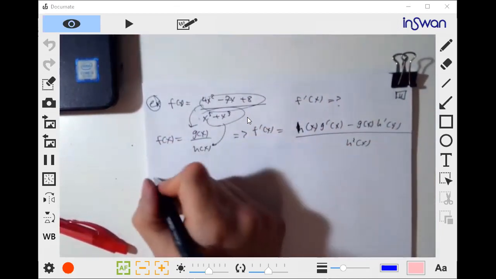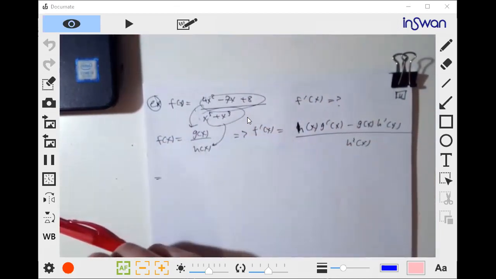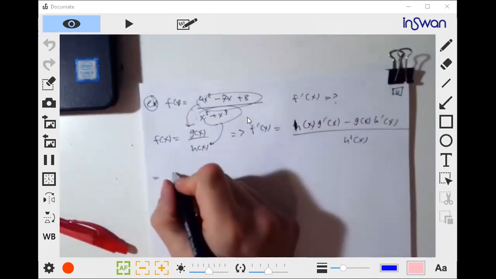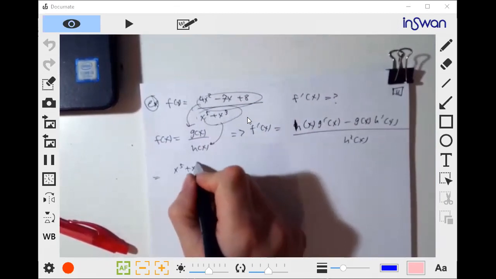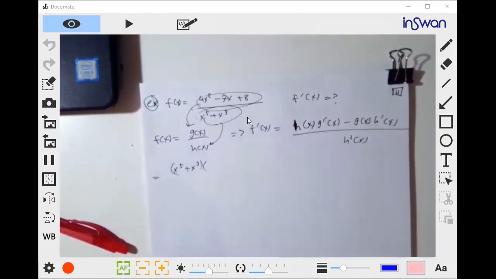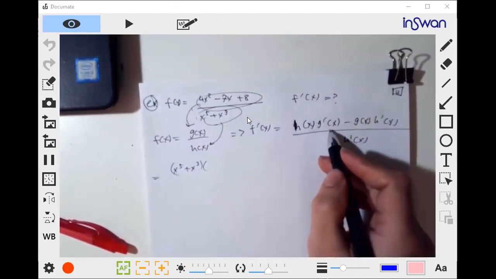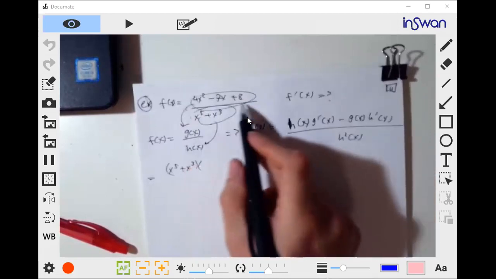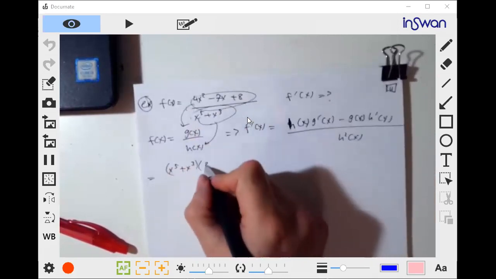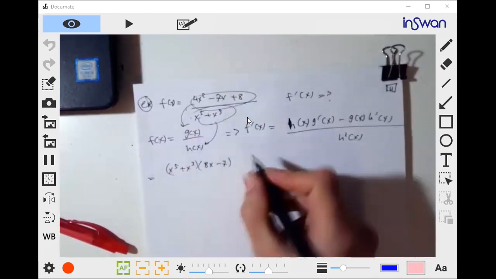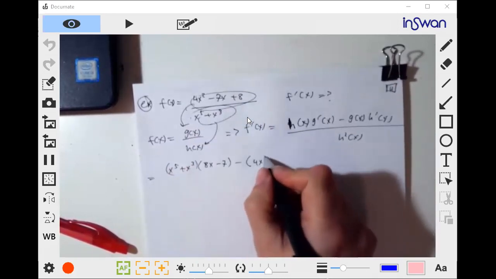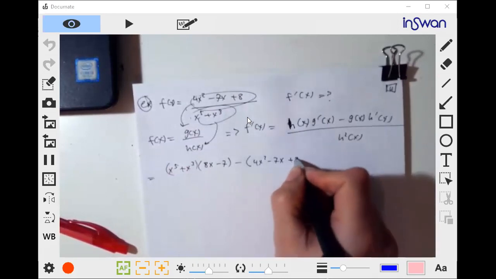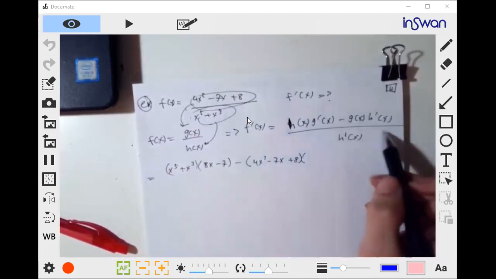Okay, so h of x is the denominator function. So this becomes x to the 5th plus x cubed times g prime of x. So g prime of x is the numerator derivative. So this becomes 8x minus 7 minus g of x. What was g of x? It's just this 4x squared minus 7x plus 8 multiplied times what is h prime of x?